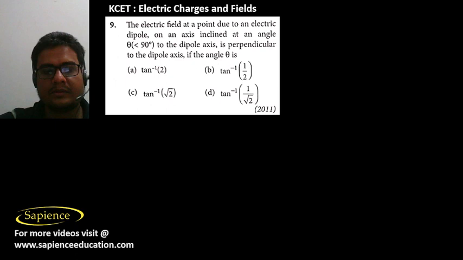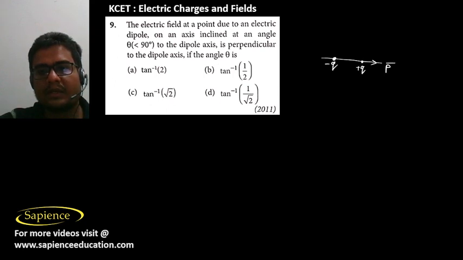Here, question number 9, it is told the electric field at a point due to an electric dipole, on an axis inclined at an angle theta less than 90 degree to the dipole axis. Suppose the dipole has minus q charge and q charge, so this is the p vector.